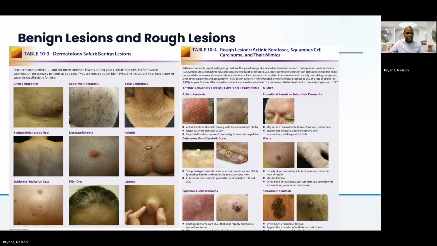Sorry. So this is also a continuity of some of the benign lesions. Be able to tell the difference between benign lesions and malignant lesions. If you look on the right side, you can see those are lesions like actinic keratosis or squamous cell carcinomas.